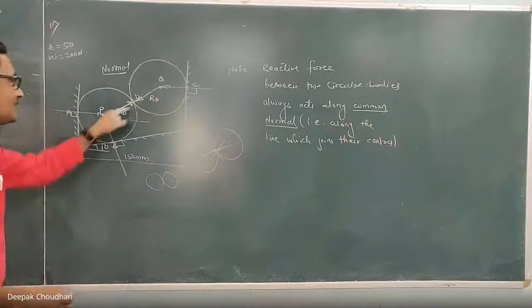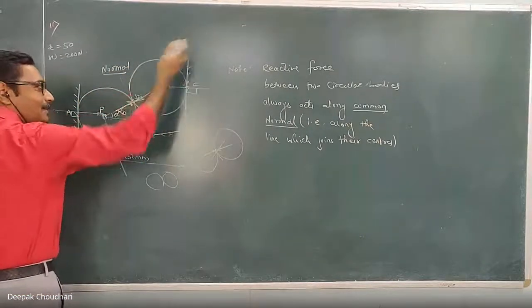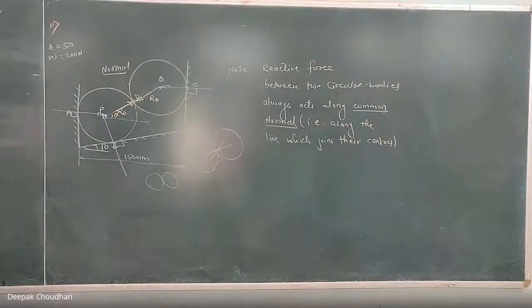And how can I expose this RD? यार बाय सेपरेटिंग दिस टू बॉडी एट पॉइंट D. इसको दोनों को सेपरेट कर देता हूं तो ये एक्सपोज हो जाएगा and it becomes the external force under which the body is in equilibrium, and I can calculate that by using the conditions of equilibrium. तो अगर कोई फोर्स इक्विलिब्रियम से कैलकुलेट करने का है तो उसको एक्सपोज करना ही पड़ेगा. And what is the method to expose the force? कैसे एक्सपोज करते हैं हम लोग किसी फोर्स को? उसके लिए क्या करना पड़ता है? Drawing FBD. यार तो इधर भी हम लोगों को FBD ड्रॉ करना पड़ेगा.